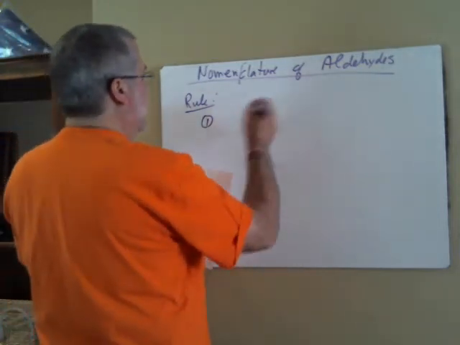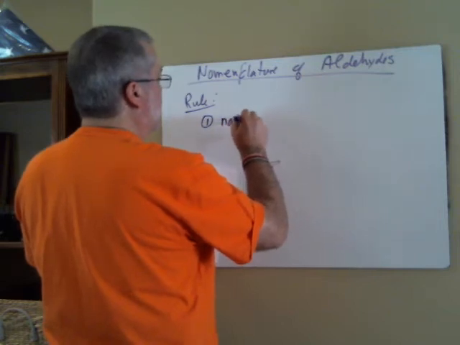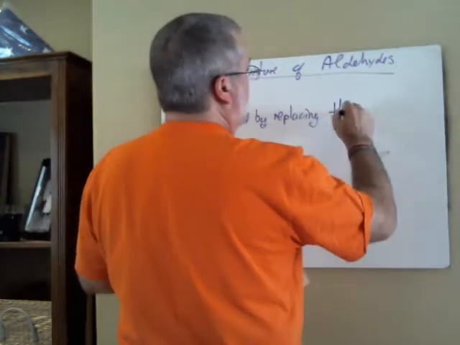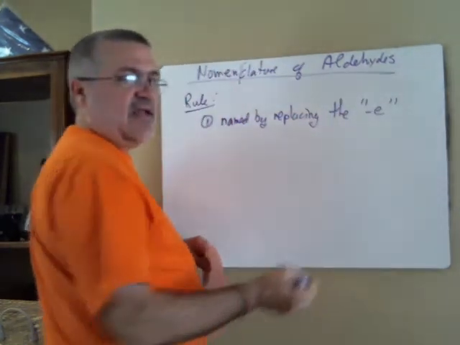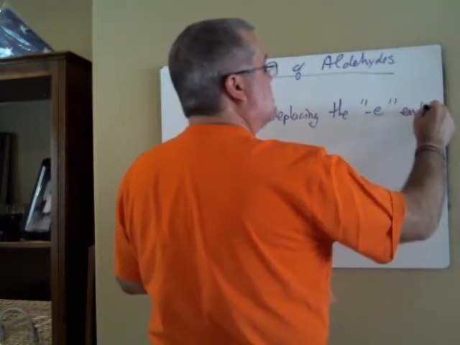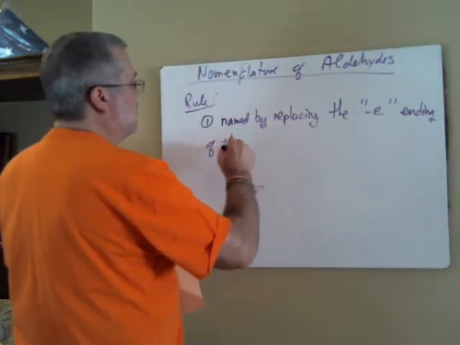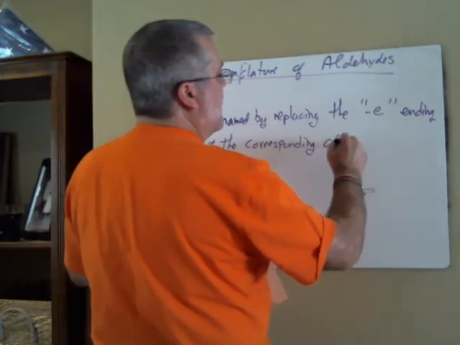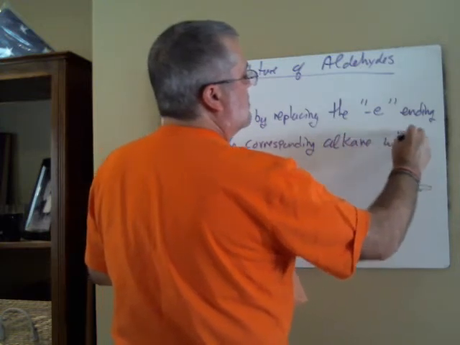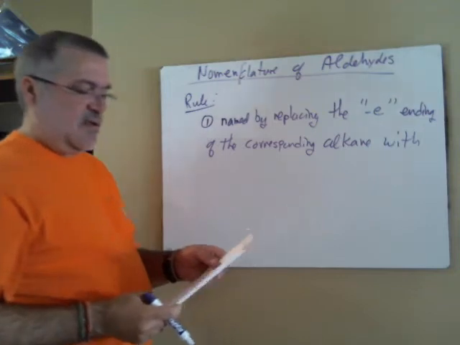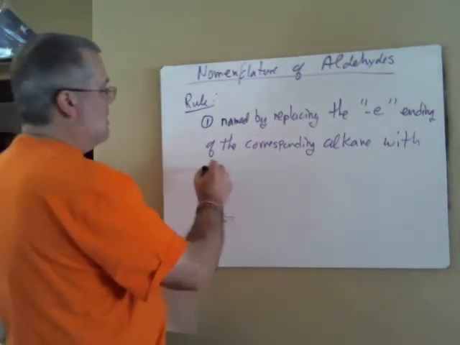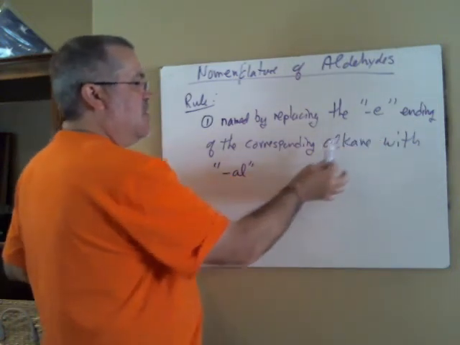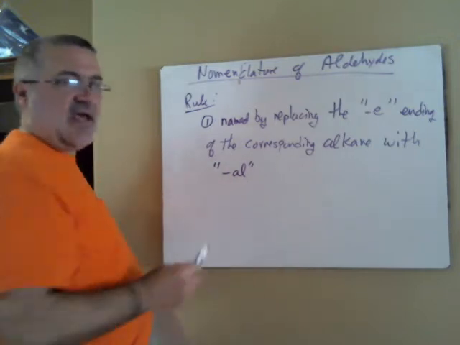So you basically name an aldehyde by replacing the single E ending of the corresponding alkane with a new ending. And the new ending for an aldehyde is going to be Al. So you're dropping the E of the corresponding alkane and adding Al.